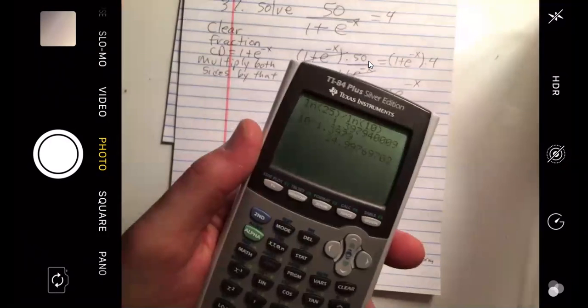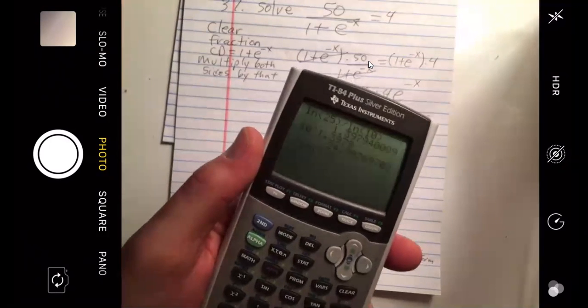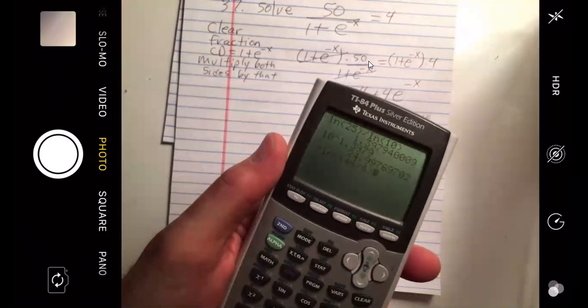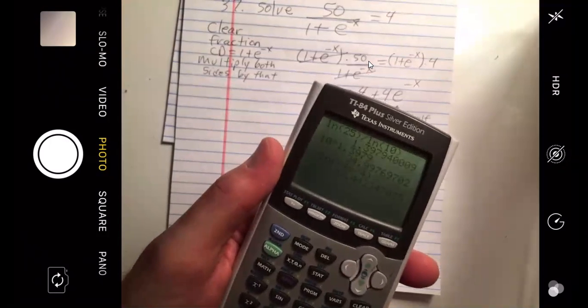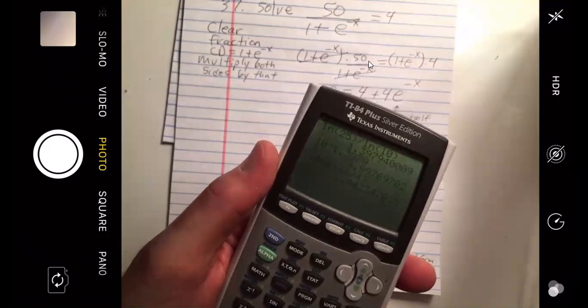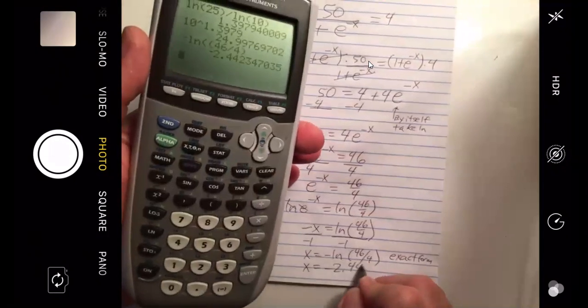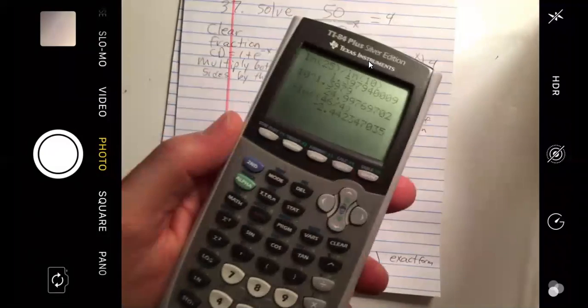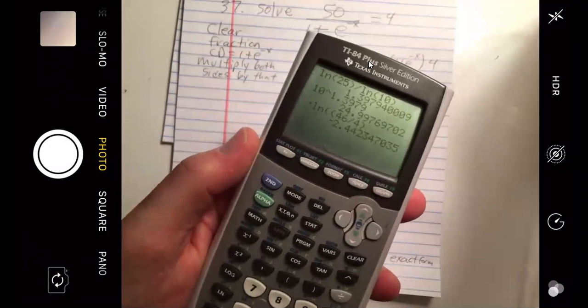All right, so that's a negative and ln 46 divided by 4. Negative 2.4423. Show it again.